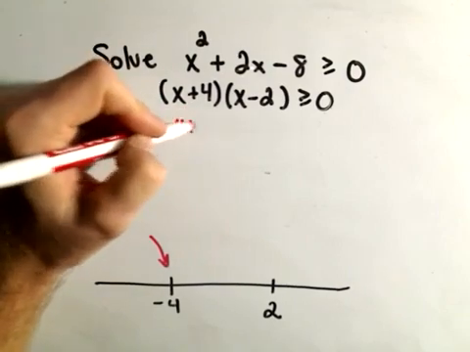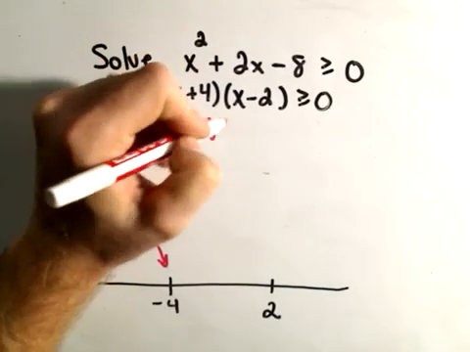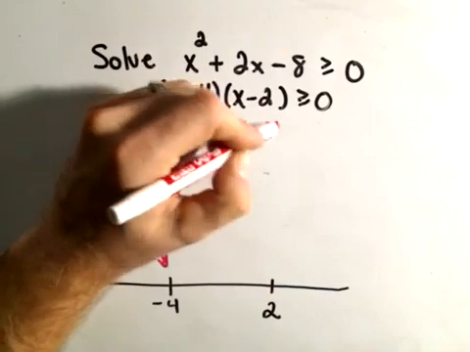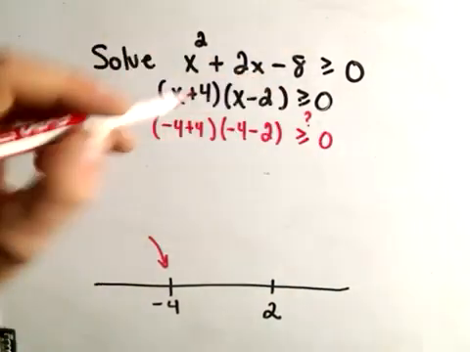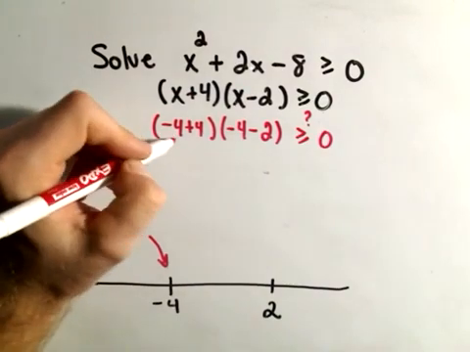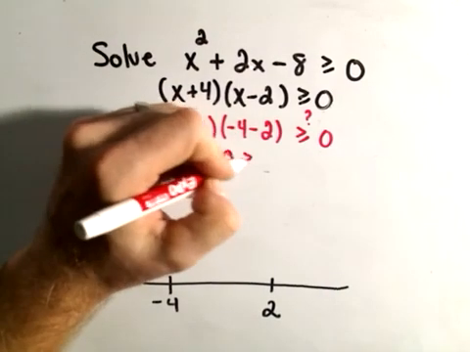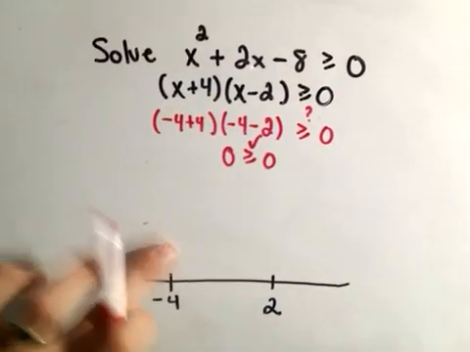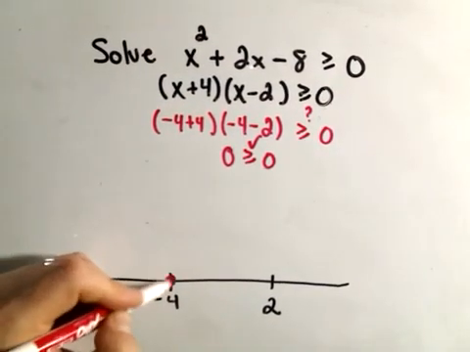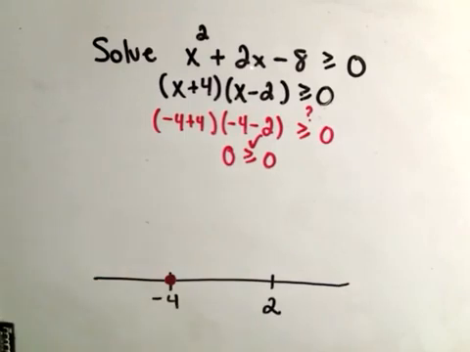So we would get negative 4 plus 4, which is going to be 0, times negative 4 minus 2. Is that greater than or equal to 0? Well, on the first part you get 0, and 0 times anything is 0, so certainly 0 is greater than or equal to 0. So I'm going to shade it in to indicate that that point works.